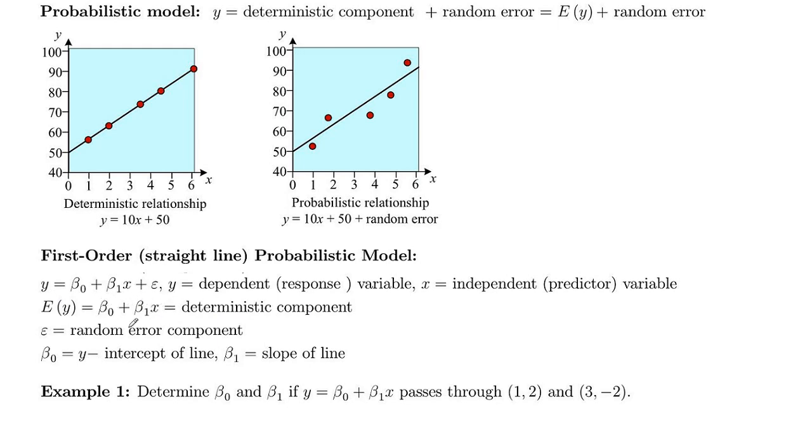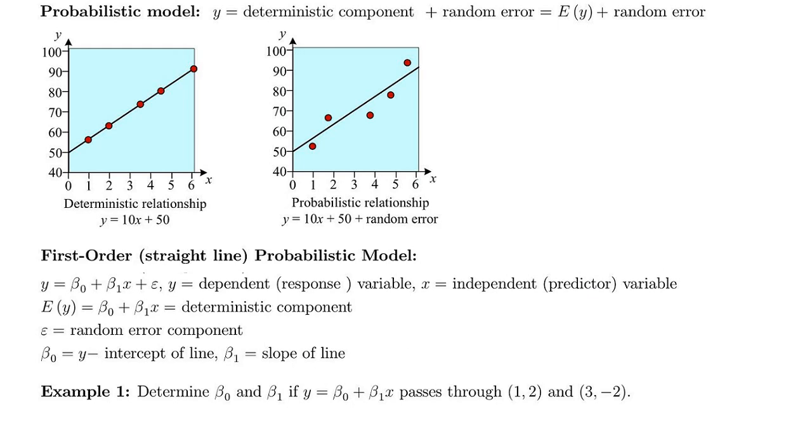So this is just the equation of a line in mx plus b form. We're using beta 1 for m and beta 0 for b, and we've written them in reverse order. That's just the convention that our book uses. And then epsilon is going to be our random error component. So beta 0, again, is our y-intercept, and beta 1 is our slope.